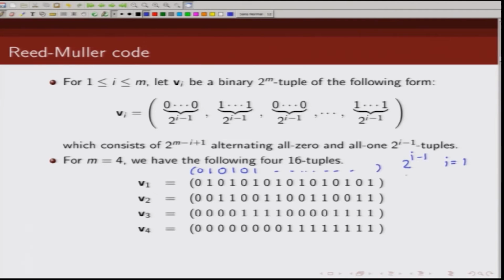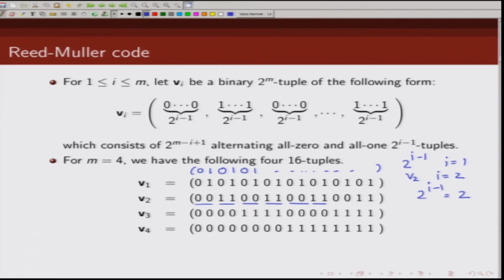Now, what is V2? For V2, i is 2. So, 2^(i-1) would in this case be 2. So, we should have a run of 0s of length 2 followed by a run of 1s of length 2, then 0s twice, then 1s twice.